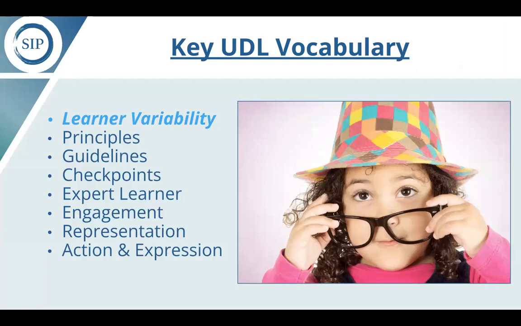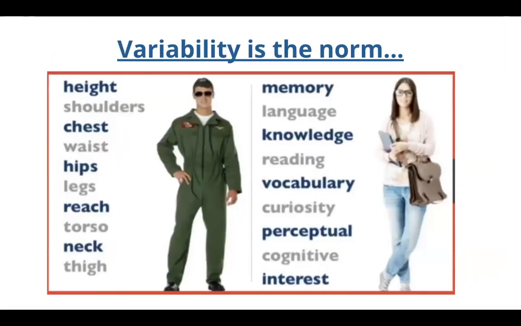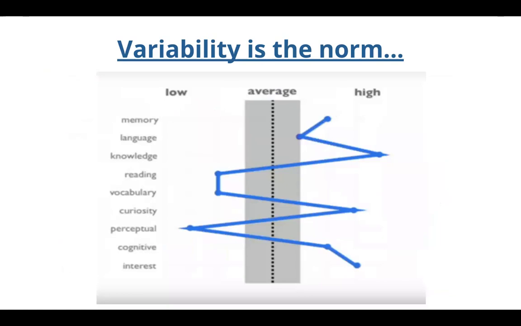So we're going to get into some vocabulary and some components of Universal Design for Learning. The first is learner variability that we've been talking about. Just as we have physical variability, there's also variability in the ways and the levels and the speed at which students learn. They have different variability of memory, of language, of knowledge, their reading levels. So if we know that variability is the norm, then we should be able to plan for that based on what we know about our students within the educational setting.